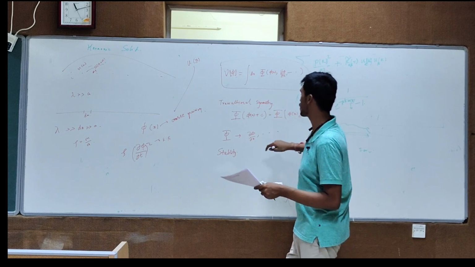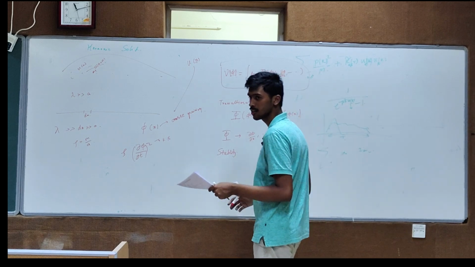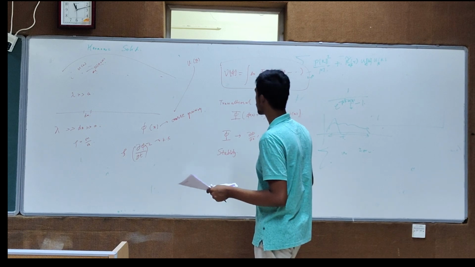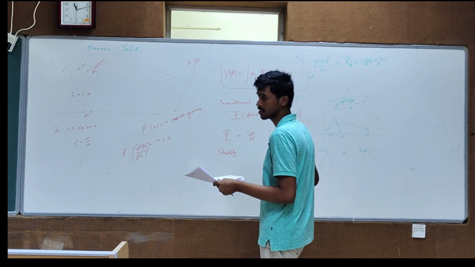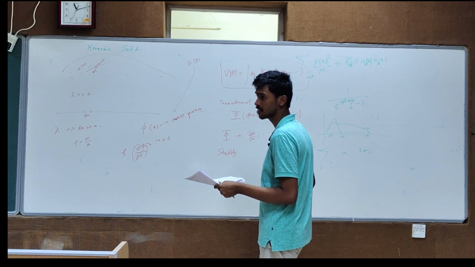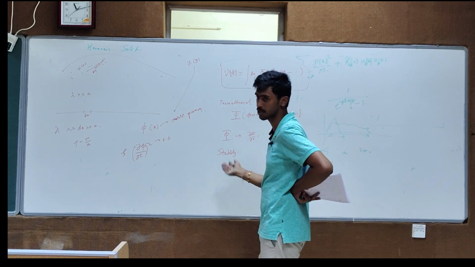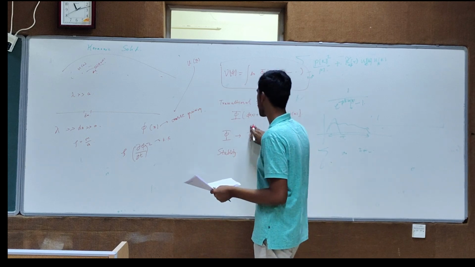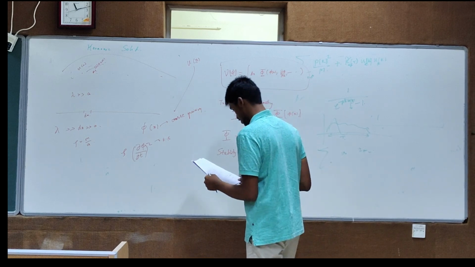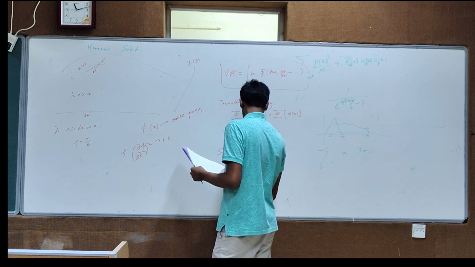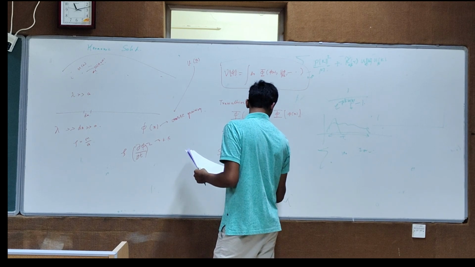If you have linear order terms, taking a derivative once will just give you a constant, and that won't be 0. So you need the linear terms to go to 0. So Phi cannot have any linear order terms.